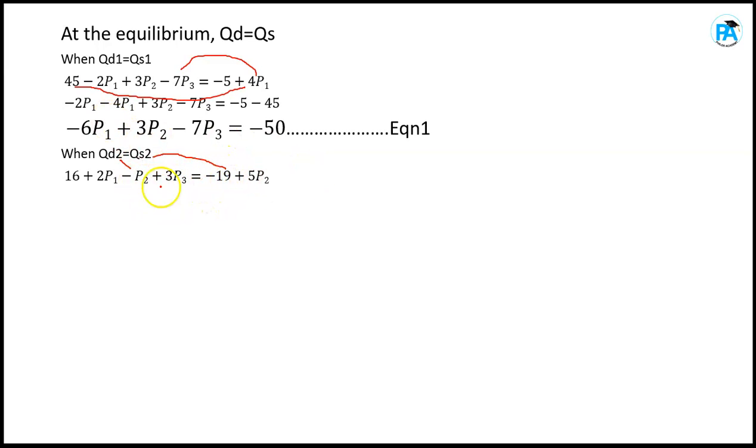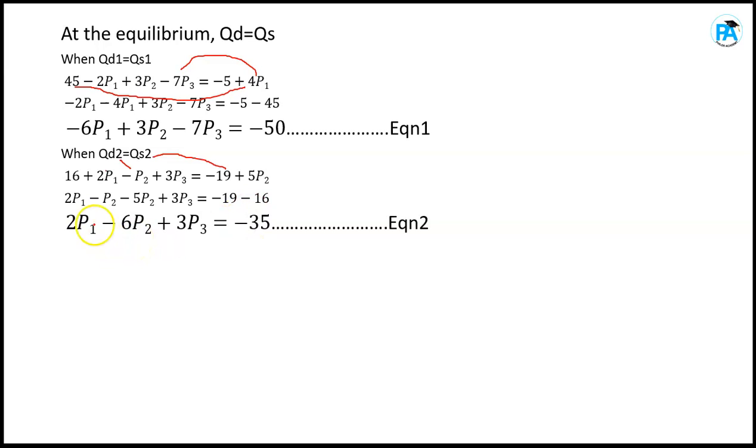When you equate and group like terms, this 5P2 comes to this side to become minus 5P2, and this 16 crosses the equal sign to come here to become minus 16. So you have 2P1 minus P2 minus 5P2 plus 3P3 is equal to negative 19, minus 16.